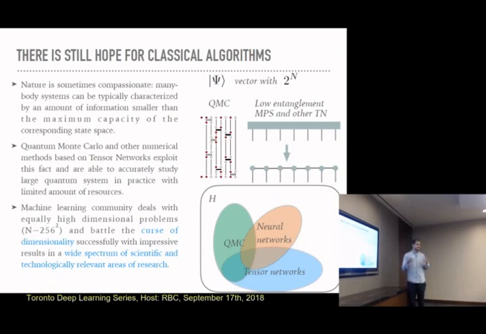So what about the systems for which QMC doesn't work? Tensor networks are very successful and very useful. For instance, MPS, matrix product states, exploit states with some structure. They have low entanglement.